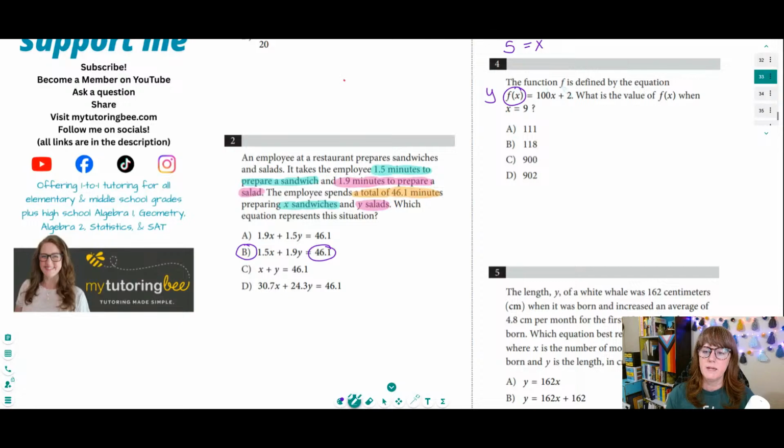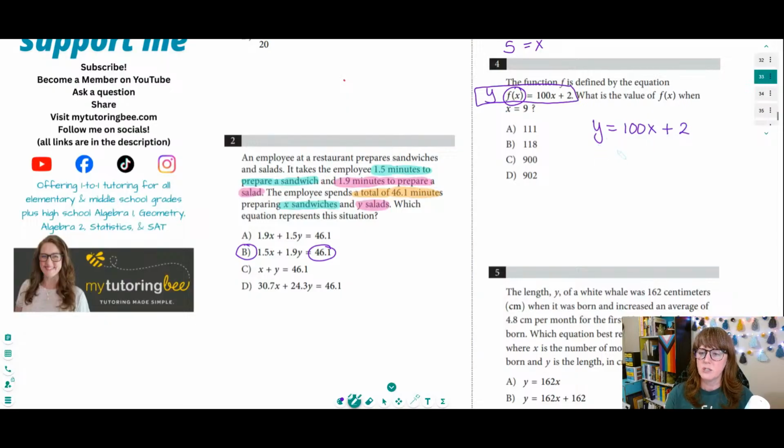So all of this can be rewritten as y equals 100x plus 2, okay? And all that this means is that we substitute in a number for x, what would y equal? Or what would f of x equal? That's really all that we're saying here. It's just written in a different way.